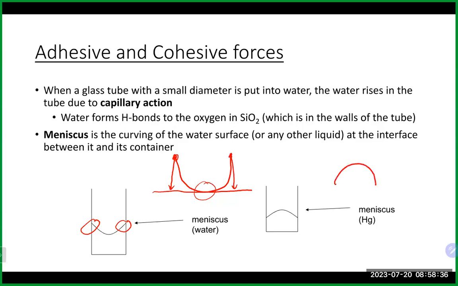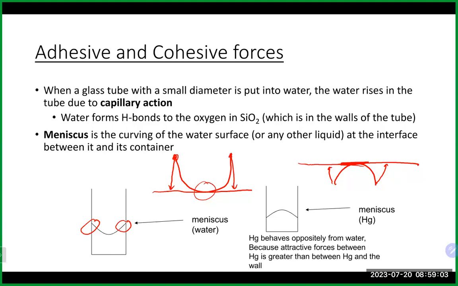In this case, we would actually read from the top of the meniscus, because if there wasn't that attractive force, the real volume would be down here at the top, because it goes the opposite way around. So this has to do with the adhesive versus cohesive forces, and the attraction between either itself or something else is what causes that meniscus and that curvature of the liquids that we see.